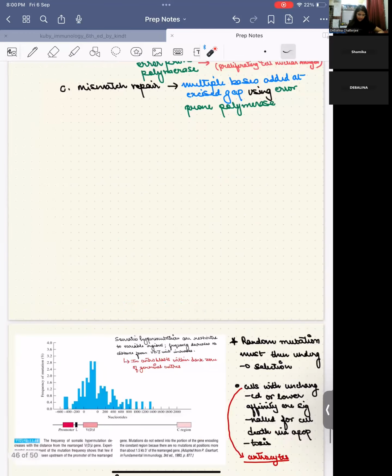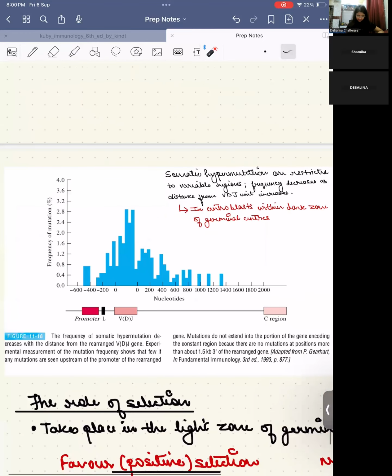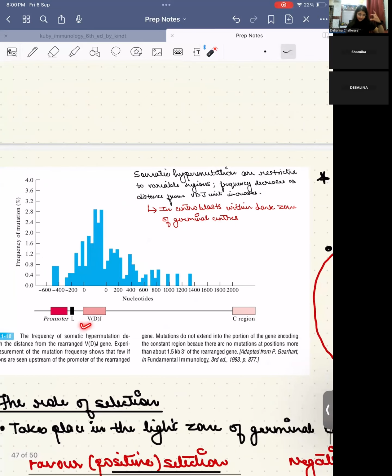If you look here, it has been shown that this is the VDJ segment, and the frequency of mutations is highest in this region. As we move towards the constant region, there is absolutely no mutation happening, right? So the somatic hypermutations are restricted to the variable region, and as the distance increases from this VDJ region, the frequency of mutation decreases.